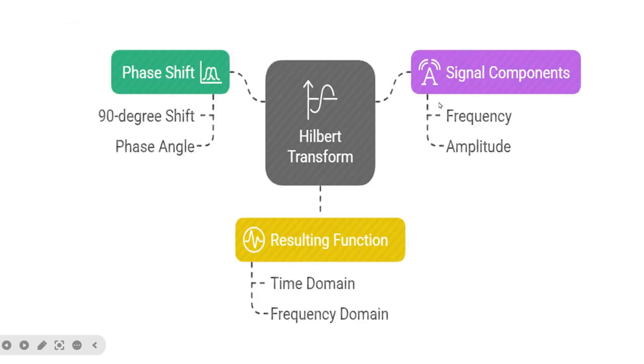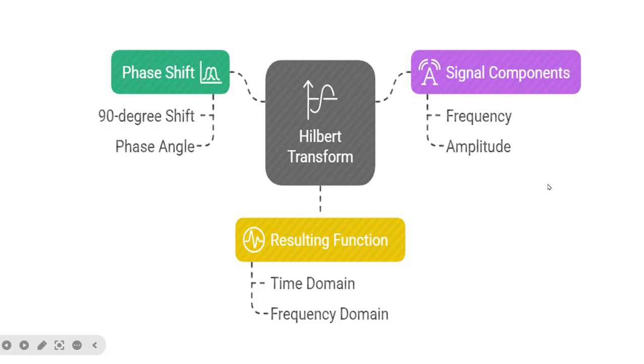So what we have seen here is the Hilbert transform regarding the signal components, that is, there will be a change in the phase, what happens when the frequency is positive and what happens when the frequency is negative, and the amplitude remains unchanged.